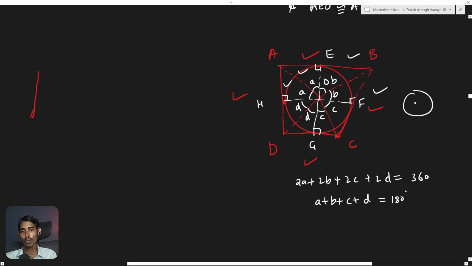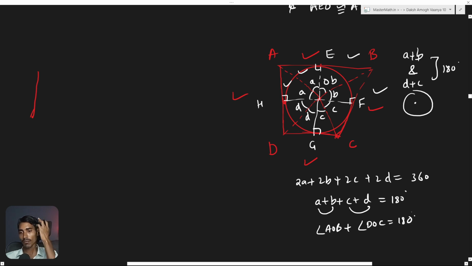So what do we want? We want angle AOB, that is angle A plus B, and angle DOC, D plus C. The sum should be 180, and that's what we got. Angle AOB plus angle DOC is 180. Done.